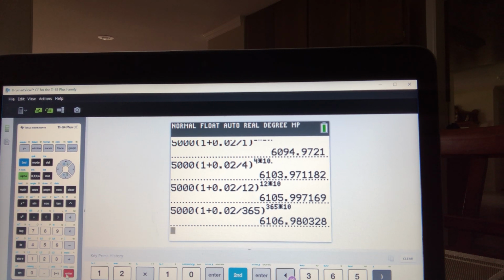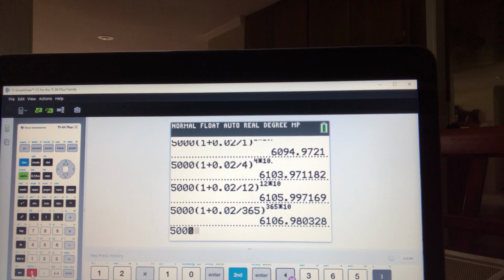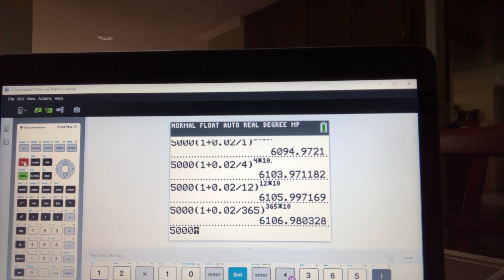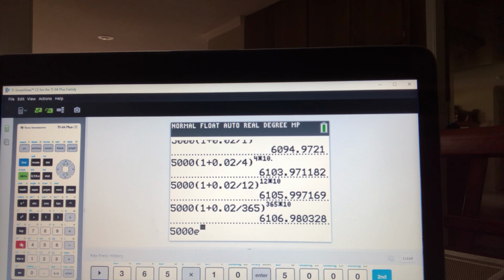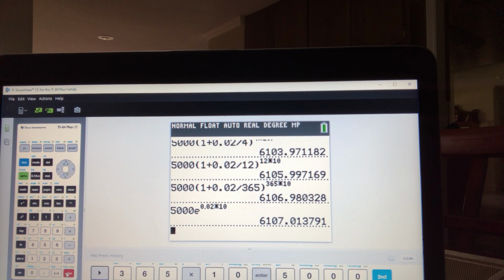And the last one uses the natural base E. So you would put in the 5,000, use the E to the X button that I showed you a little earlier, E to a power, and it's 0.02 times 10. And press enter. So this one would be $6,107.01. So I'm not going to write this on the whiteboard. I'm just going to stop the video very soon.